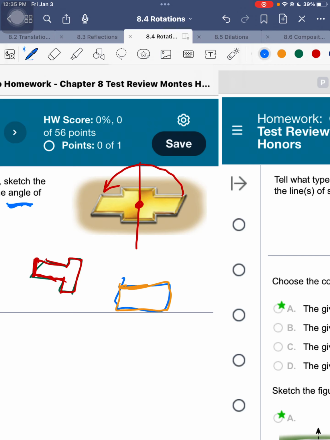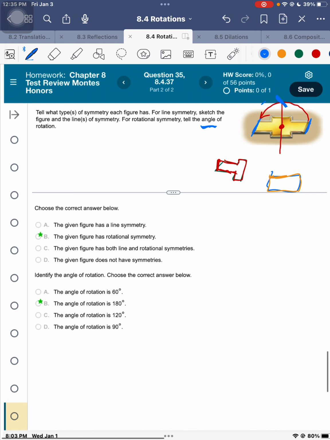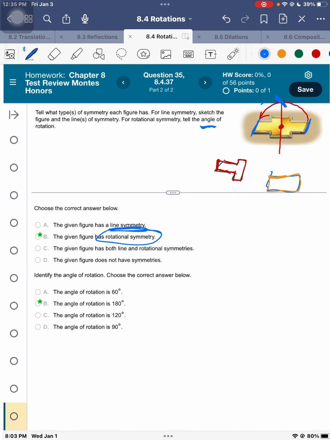If I rotate 90 degrees, this little piece would go that way, and if I rotate it again, this little piece would then go this way. It does not have a line of symmetry, but it does have rotational symmetry, okay?